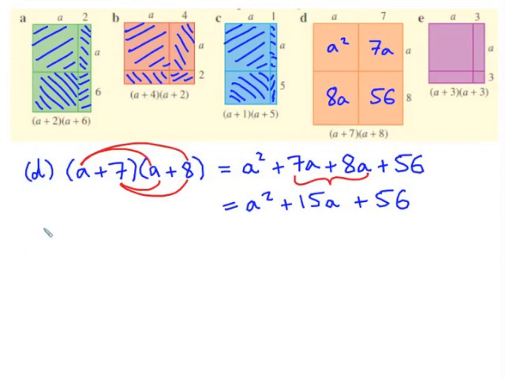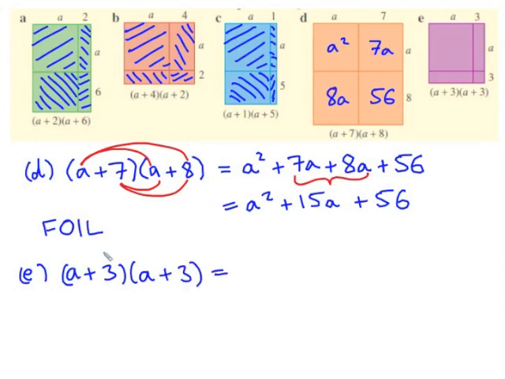So I'm going to use a method called FOIL, which stands for first, outside, inside, last, for this last example. We've got A plus 3 multiplied by A plus 3. This one is a square. So we multiply the first term in each bracket to get A squared.